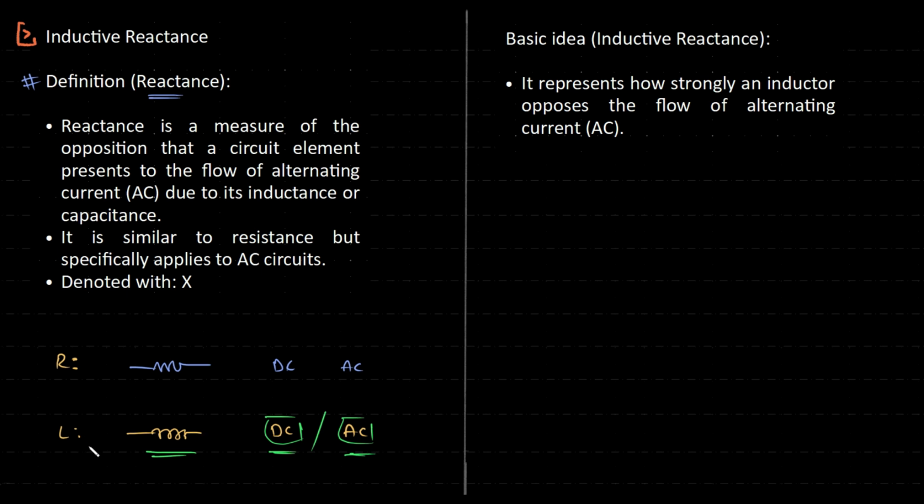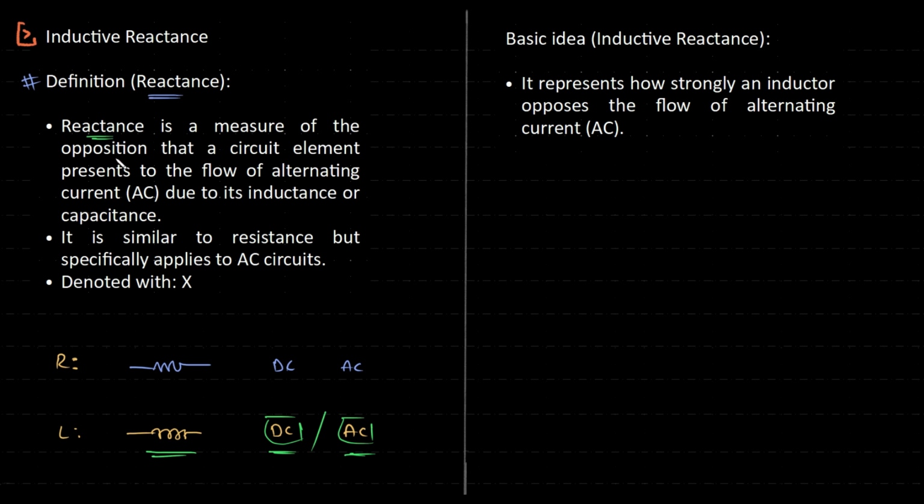Similarly, we have something called a capacitor, which you guys already know of, but still. A capacitor also behaves in a weird way when it comes to DC in comparison to AC. With AC, it behaves differently. With DC, it behaves differently. So we have a phrase called reactance, which talks about this.